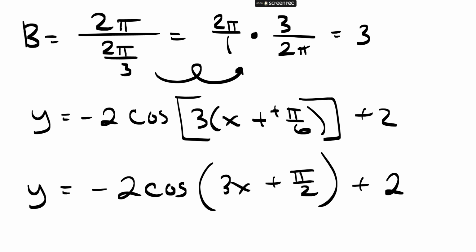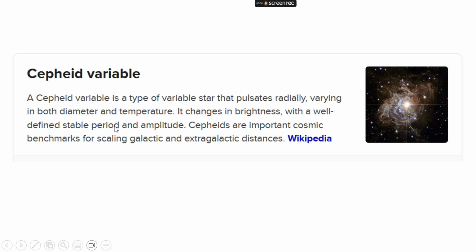All right, and I figured it'd be kind of cool for us to do a sort of real life situation. So first things first, got to read these a little bit here. Cepheid, I think that's the way you pronounce it. A Cepheid variable star is a star that pulsates radially, varying in both diameter and temperature.